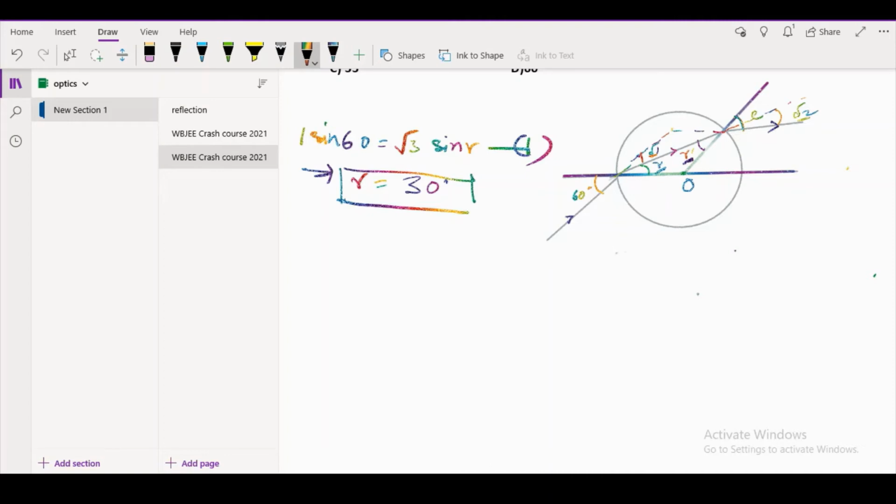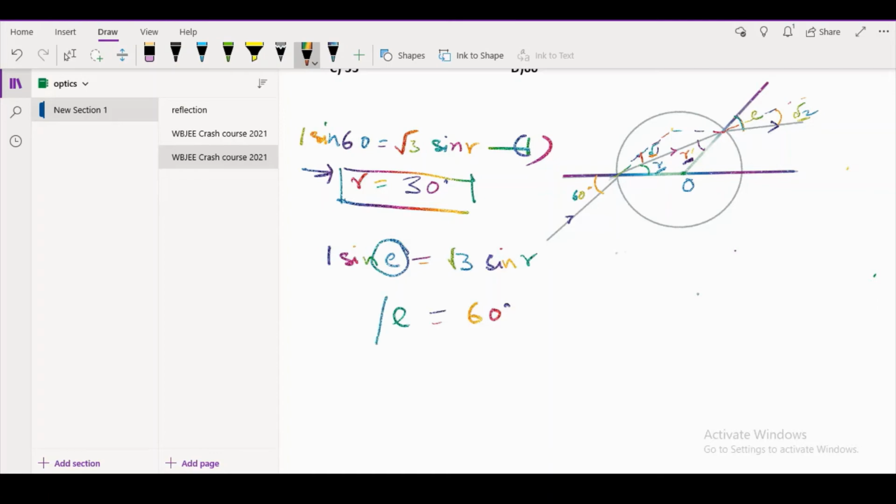So what will be the equation now? 1 sine e, since 1 is the refractive index of air, equals root 3 sine r dash. From here we can find the value of e. Solving this, we find e is 60 degrees.